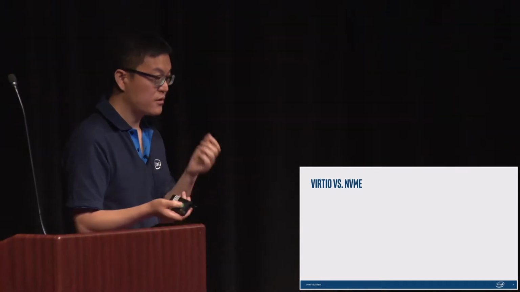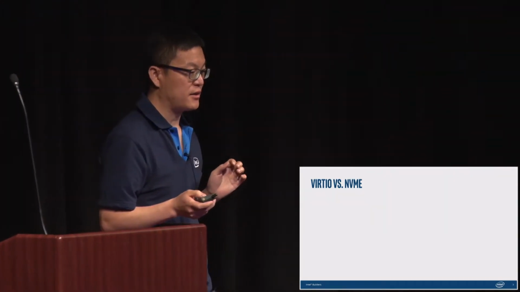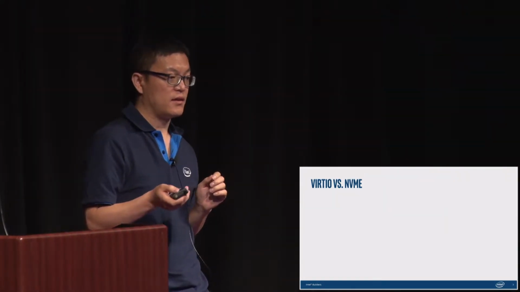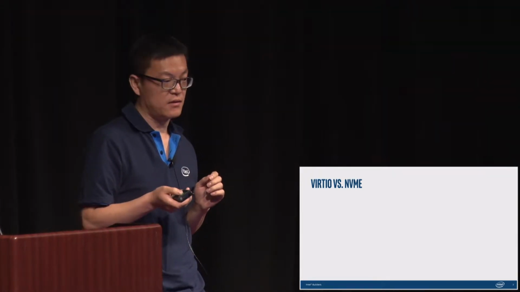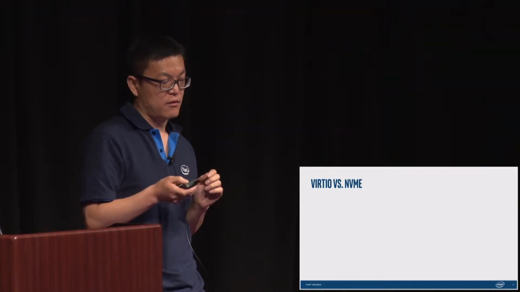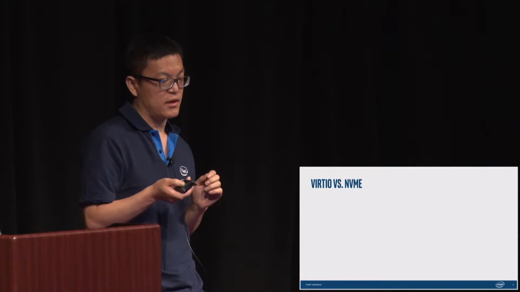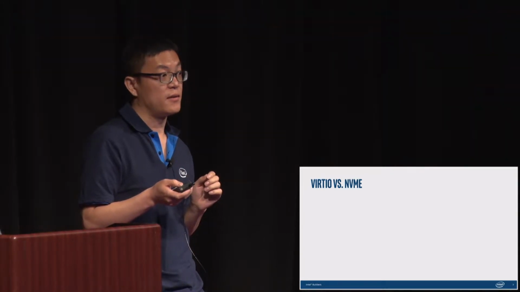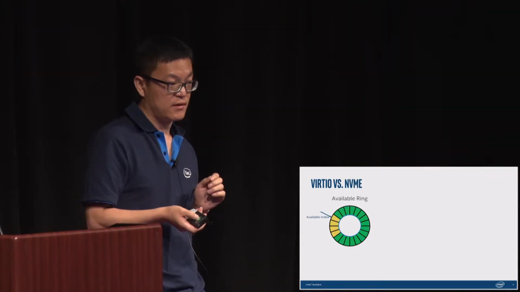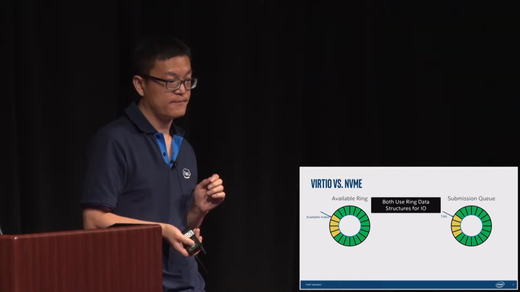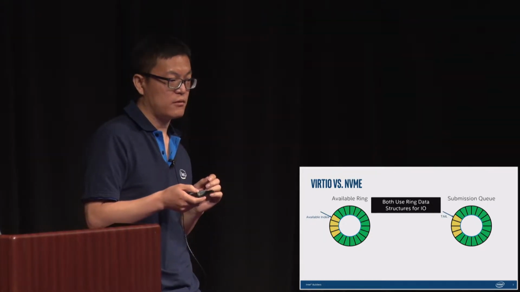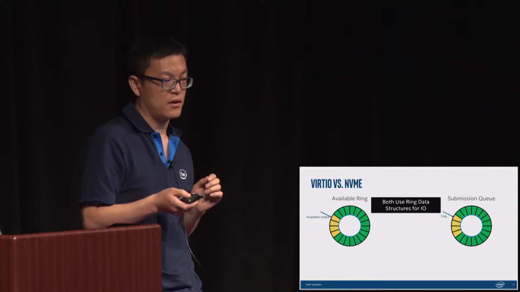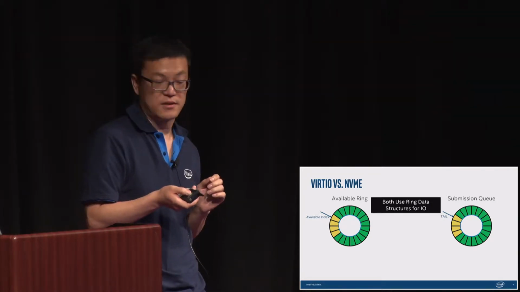Users may ask why we can integrate Virtio and NVMe into a single target. It is because the Virtio protocol and the NVMe protocol have much in common. Both use ring-based data structures.